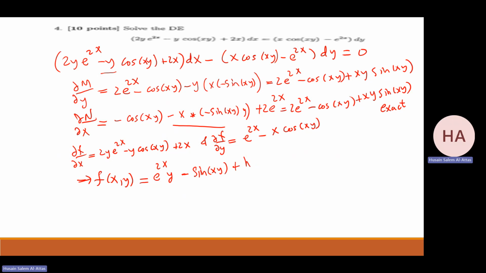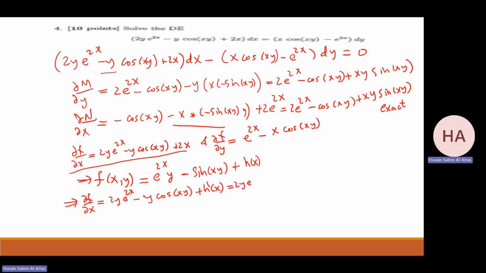Plus function of x, using h. So that implies partial f with respect to x, I check it to be equal to this. So partial f with respect to x will be 2y e to x minus y cosine xy plus h prime of x.